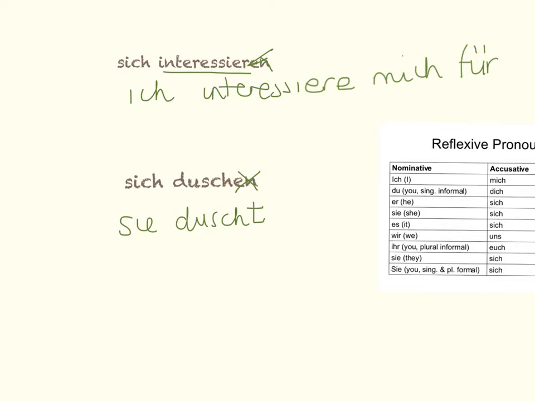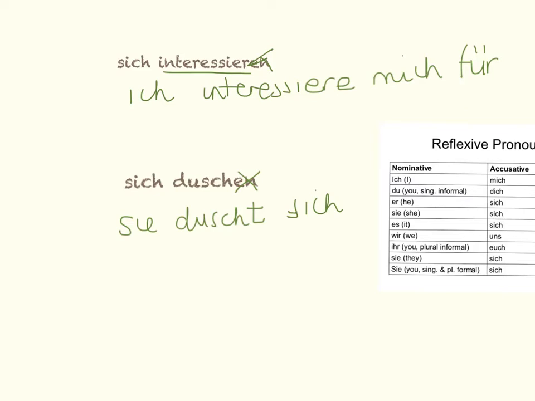And then I need to look in the grid over here, and the reflexive pronoun for she is sich. So I say sie duscht sich. Sie duscht sich.